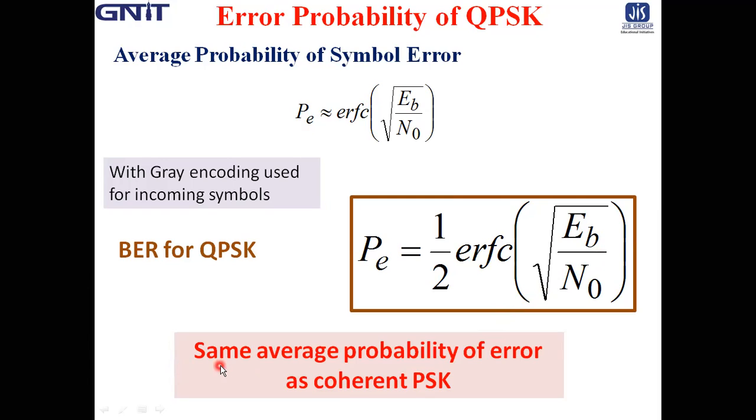So the average probability of bit error for the QPSK system is exactly identical to that of the coherent BPSK system. Okay, so this is the error probability of the coherent QPSK system.